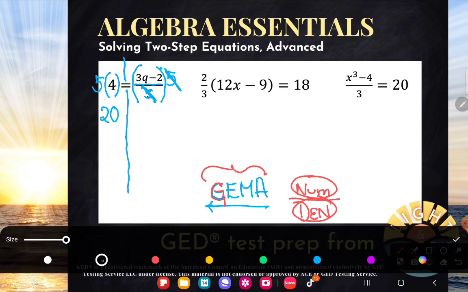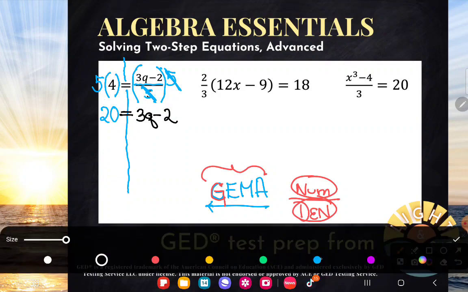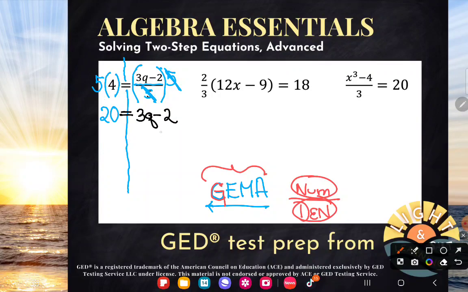I just got rid of that ugly fraction that I hated. And what's left? Just the 3Q minus 2. That's what's going to be equal to the left-hand side. Don't drop your equal sign, guys. But notice, now I've freed my group up. This 3Q minus 2 is no longer in a grouping. And so now I will be able to get rid of that minus 2.